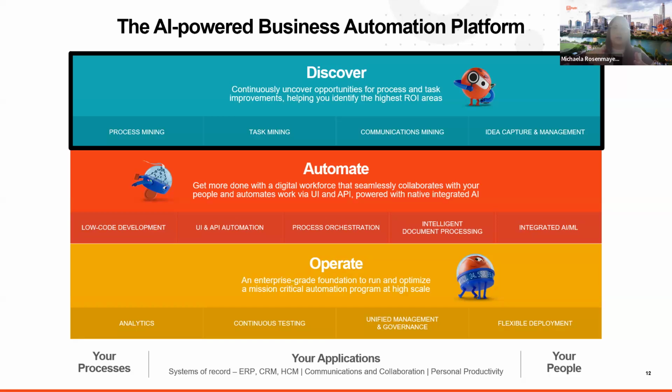So maybe I do the job A, B, C, D, whereas John, he goes A, B, and then he takes a right turn, and then he goes back to C, D. So just because you have a process at a company doesn't mean everyone's necessarily doing it the same way. So with task mining, you can really capture those variations and merge them together with the power of AI, getting a comprehensive picture of the existing workflow and be able to do some end-to-end analysis.